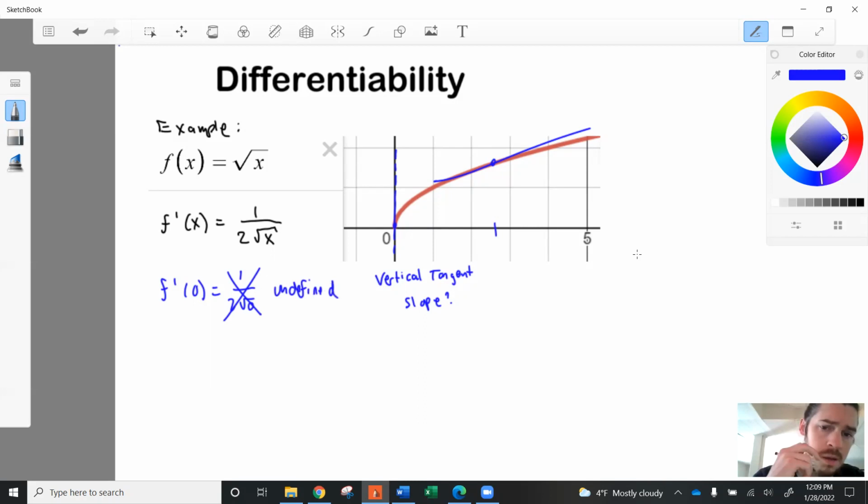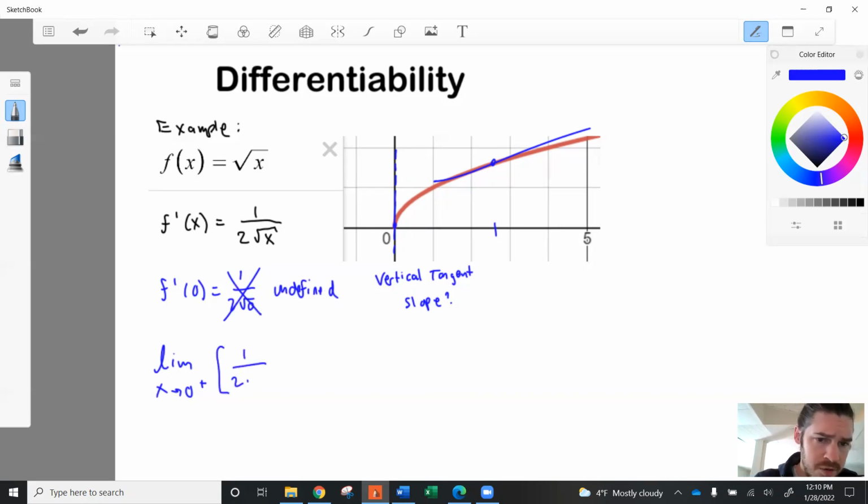So instead, let's explore this question using a limit. What is the limit as x approaches 0 from the right-hand side only, because the square root of negative numbers, we're calling that undefined. We're not dealing with complex numbers in this class. So what is the limit as x approaches 0 from the right of this f prime?